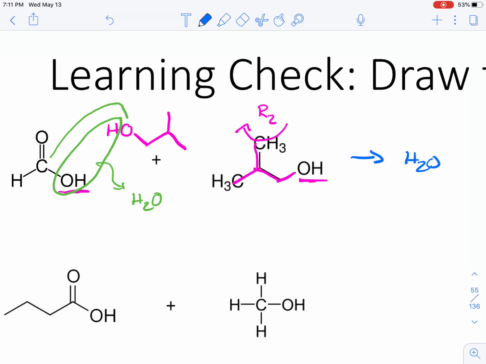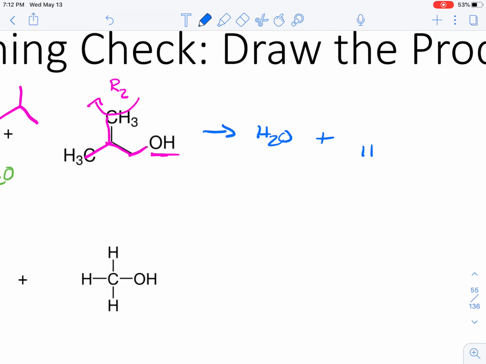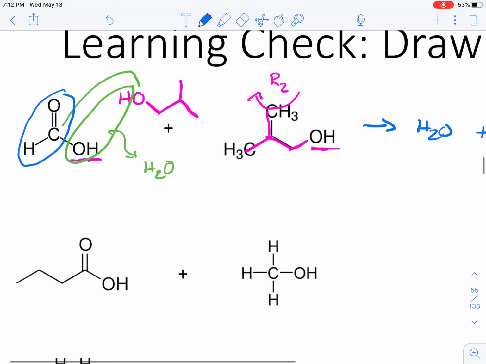And so when it comes to the ester product, I'm just going to go ahead and copy only this portion right here. So I have H, C, double bond O. Okay. So I'm not copying this portion because remember that it now becomes the water molecule.